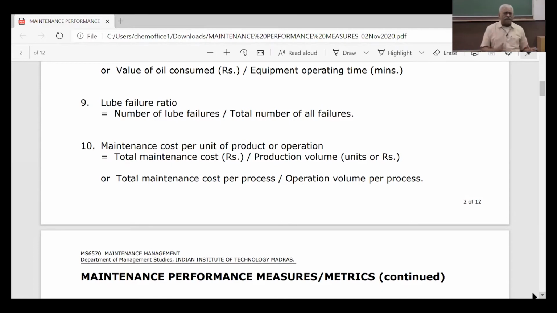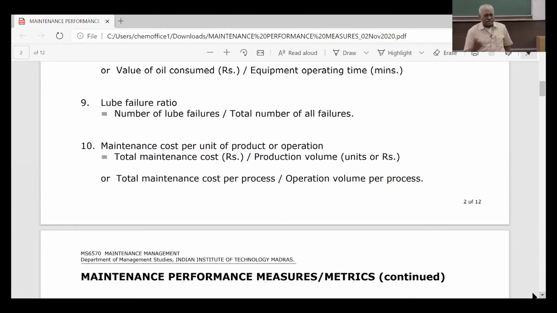If there are multiple types of products, you may have to classify the maintenance cost according to the type of product also, which you can do if your documentation is pakka. You can do that. So rupees will sort of neutralize that. So you can look at what is your total maintenance cost in rupees per rupee of production.